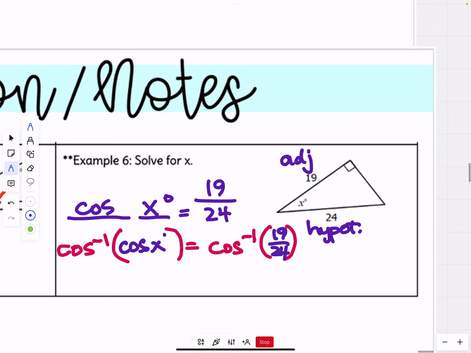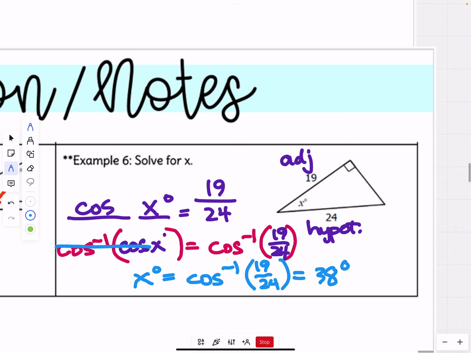We definitely know that these will cancel and we will end up with x degrees equals cosine inverse of 19 over 24. Let's grab our calculator and see what that ends up being. It looks like cosine inverse of 19 over 24 is about 38 degrees.